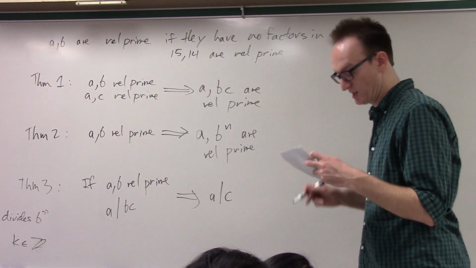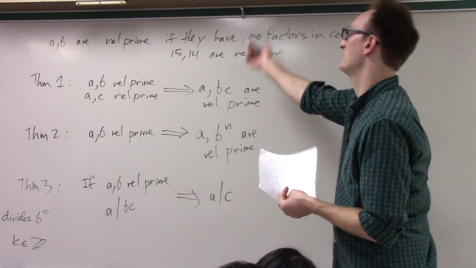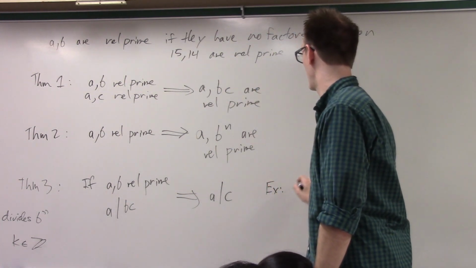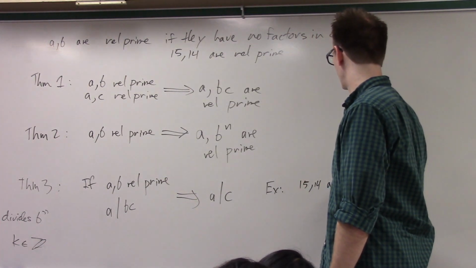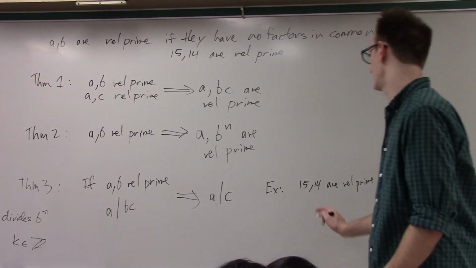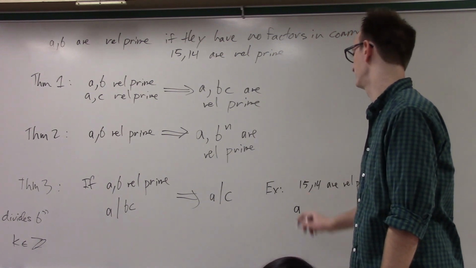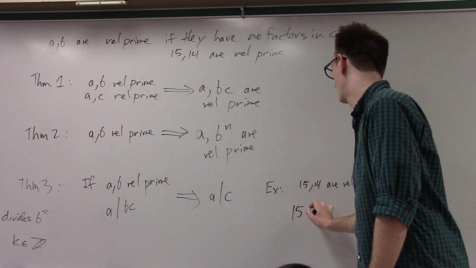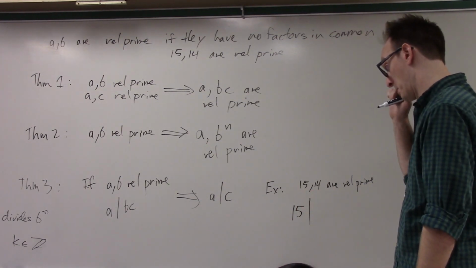Do you want a little example of this one? We'll take these two right here, 15 and 14. So, an example for just this third one. 15 and 14 are relatively prime, yeah? Yeah. And suppose 15 goes evenly into, well, this is a little bit hard.